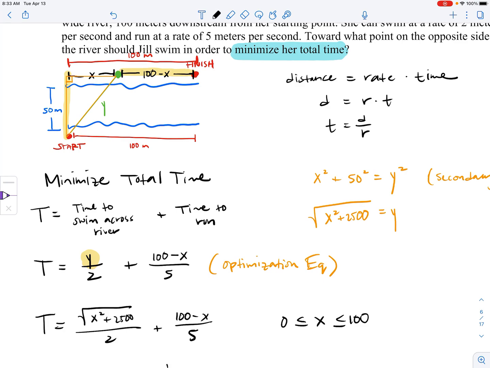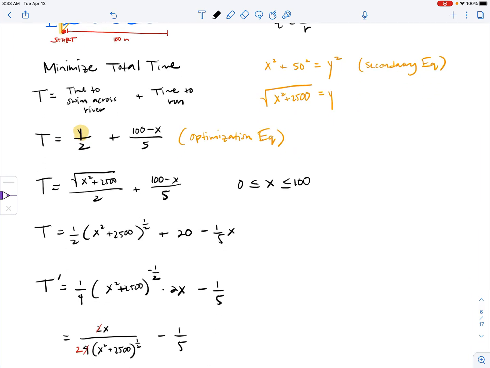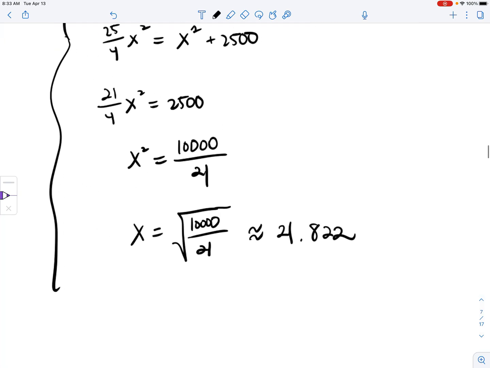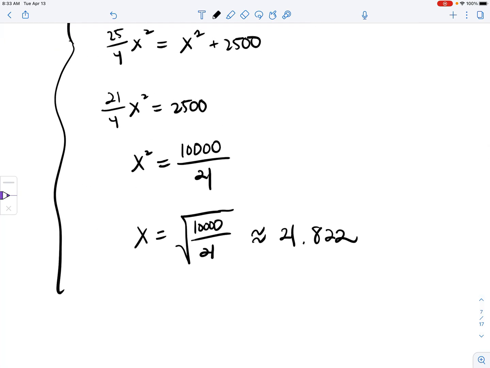So looking at the critical value, the negative 21.822 wouldn't work. That's not within the domain of our optimization equation. But the positive square root of 10,000 over 21, which is approximately 21.822, does work.